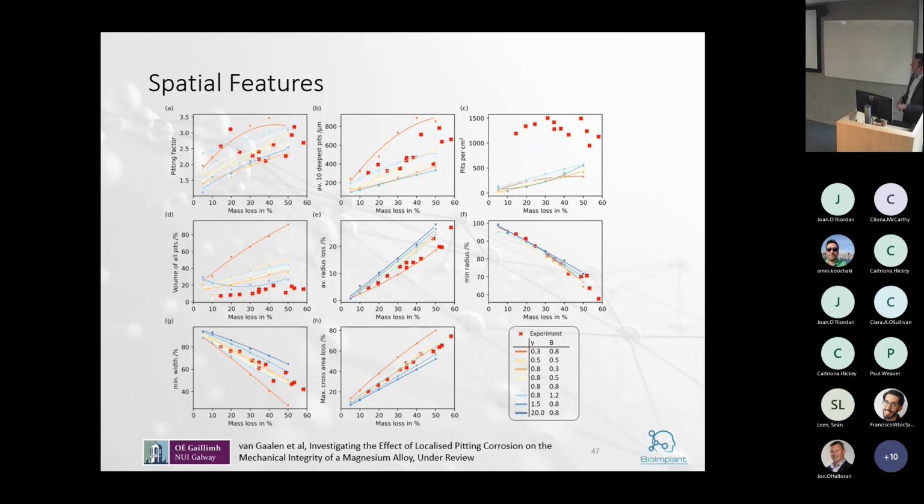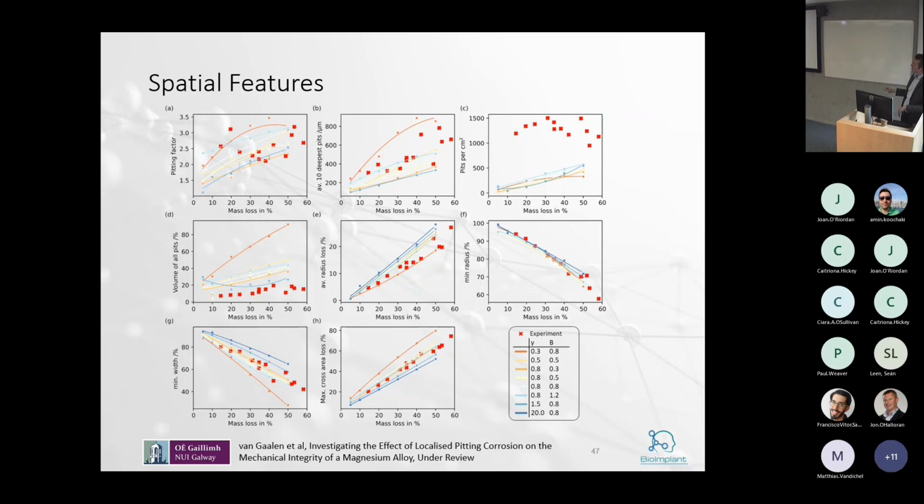And then we plotted our spatial features versus mass loss. What we have plotted here is our experimental values in red dots, and then a series of different corrosion scenarios plotted as the line plots.